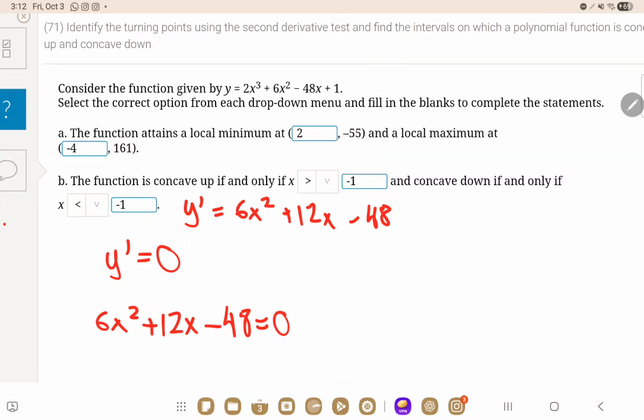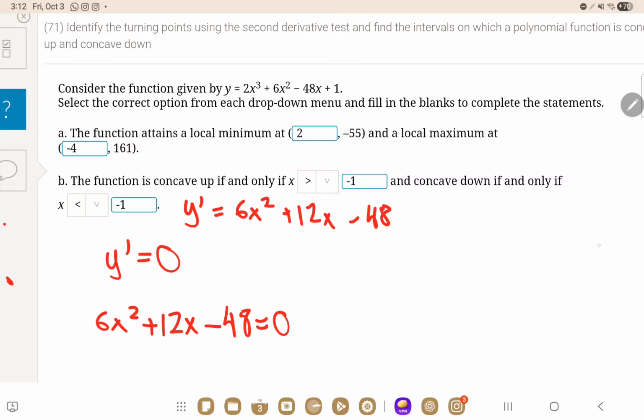So it is 6, 12, and then negative 48. I'm still on mode 5-4. So anyways, 5, 3. So now 6, 12, negative 48. You get your x values to be 2 and negative 4.